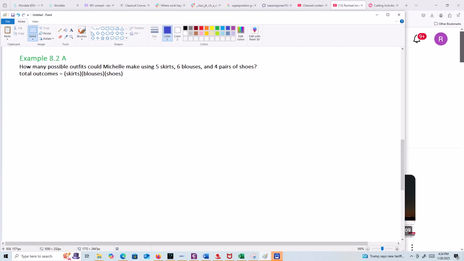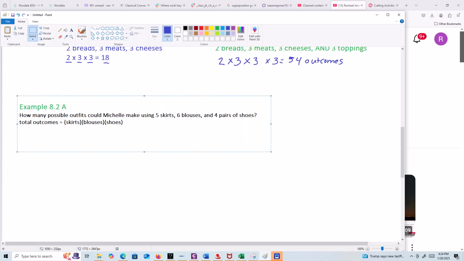So now looking at this example, on page 371, example 8.2a: how many possible outfits could Michelle make using 5 skirts, 6 blouses, and 4 pairs of shoes? Hopefully we're not going to be dealing with a clash between our skirts and our blouses, but that's beside the point. So we want to know the total number of outcomes.